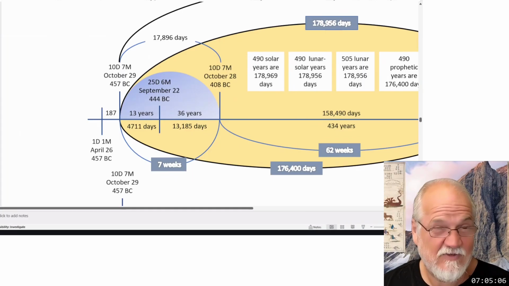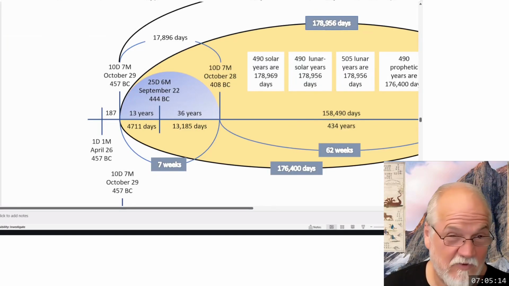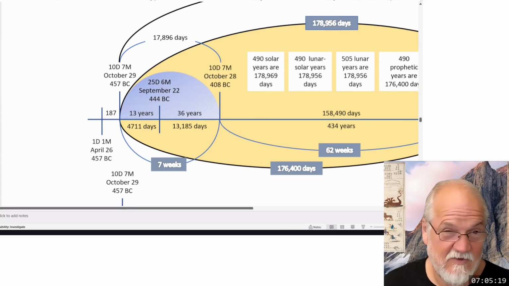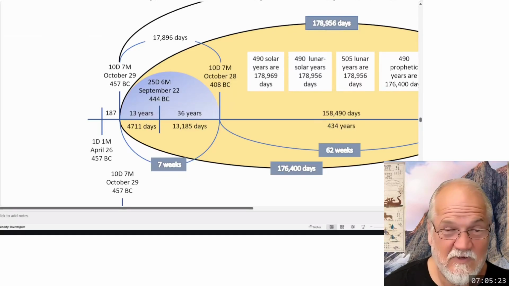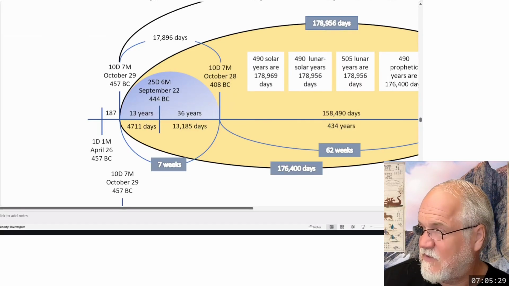But if we count 354 months from September 11th, and we use 30-day months, we come to the 10th day of the 7th month in 2030, which is October 28th, 2030. Okay.